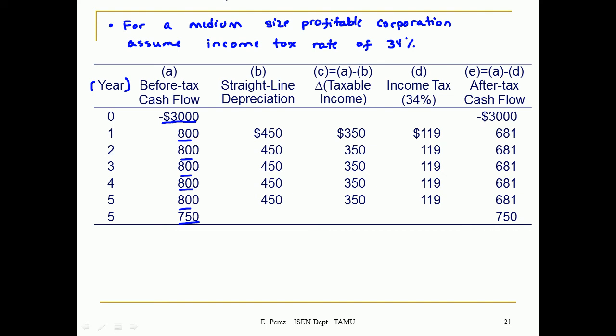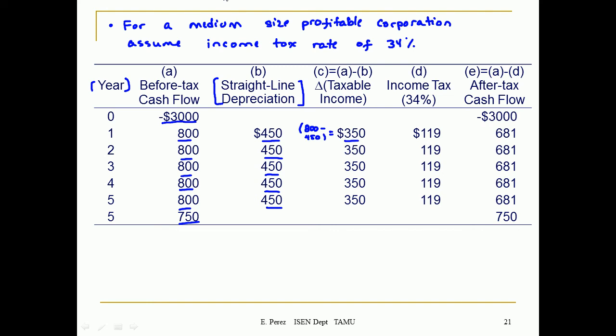We get the information from the straight line depreciation, so you know that you're going to depreciate $450 per year. So the taxable income will be the difference between your cash flow and the straight line depreciation. So if you subtract $800 minus the 450 for the depreciation, that will give you that taxable income per year.